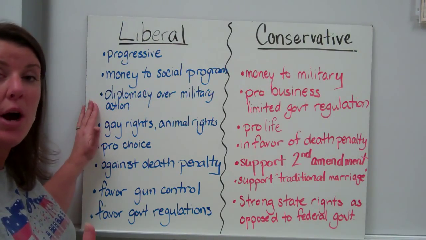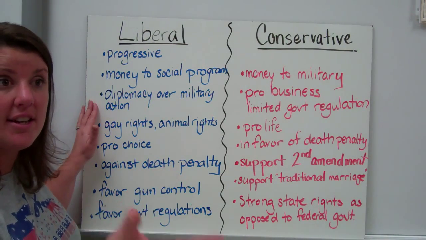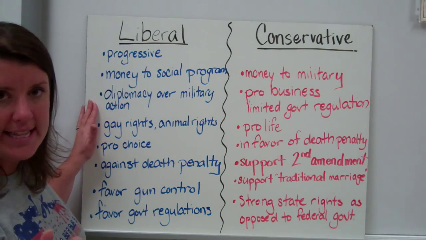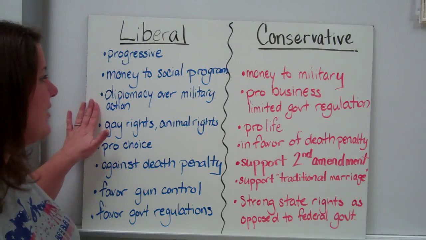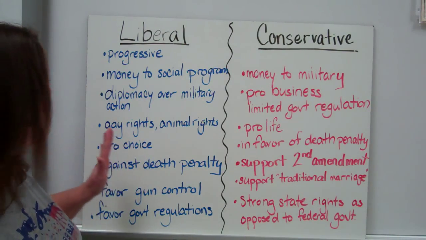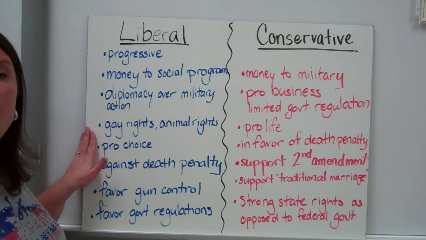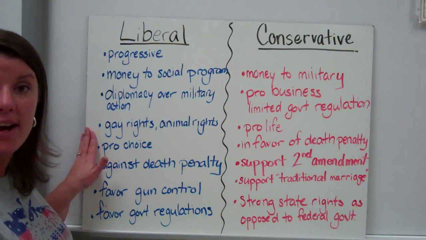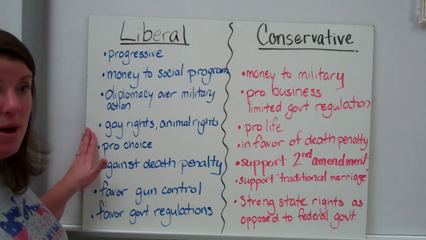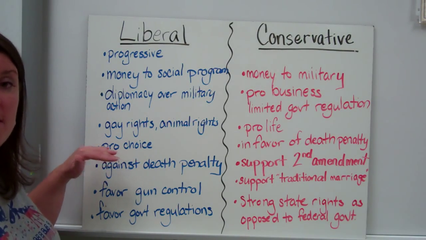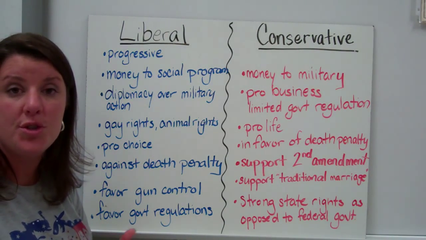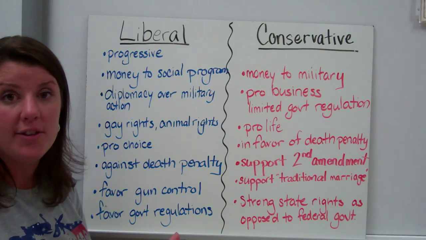Hopefully we can talk it out. We'll send our Secretary of State to discuss something instead of sending in the tanks. Now, just because you say that war is not the answer doesn't mean that you're definitely always going to be a liberal. If you're a liberal, you are going to focus on gay rights. You would support gay marriage, animal rights. To be pro-choice, you believe that it's the woman's right to choose whether or not she could have an abortion.